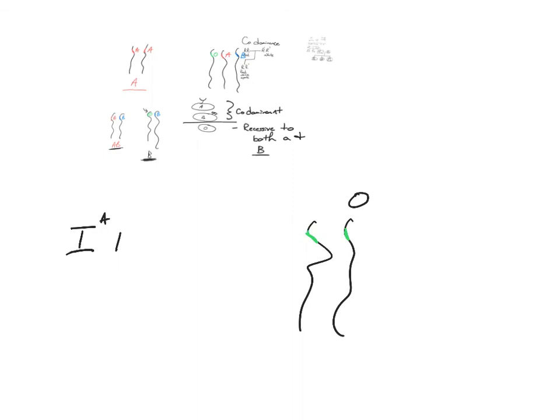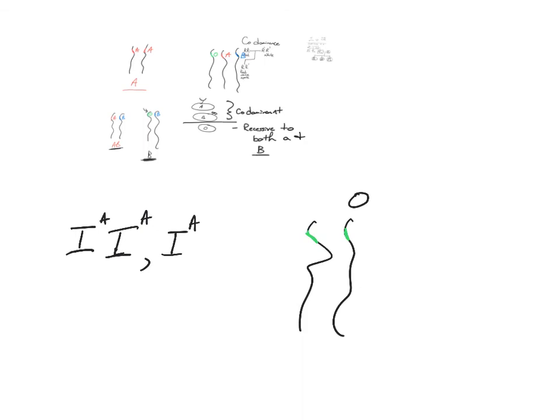If you have AA, it would be IA. What's another way to get A blood type? You can have IA, right? Those are two ways, IA, and then IA or what?